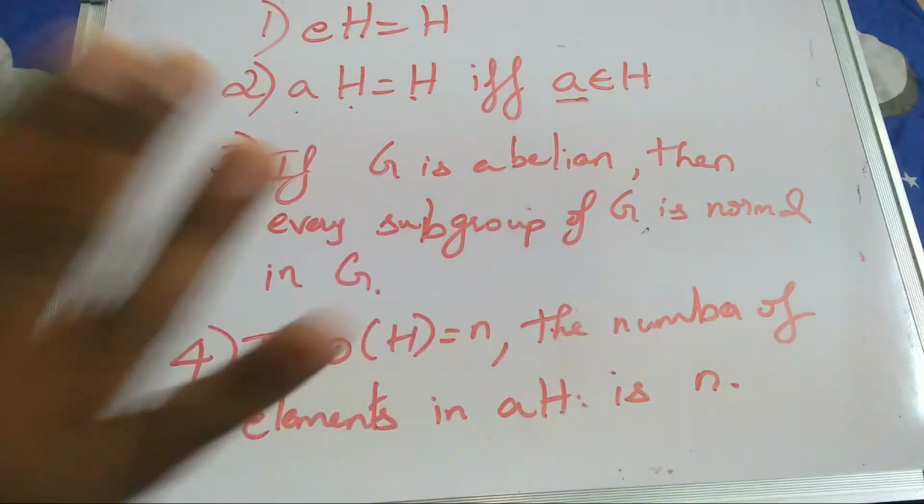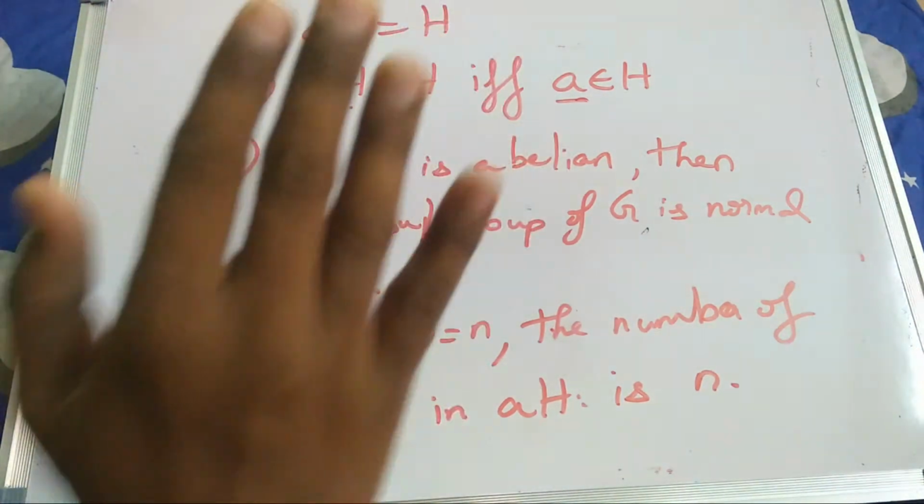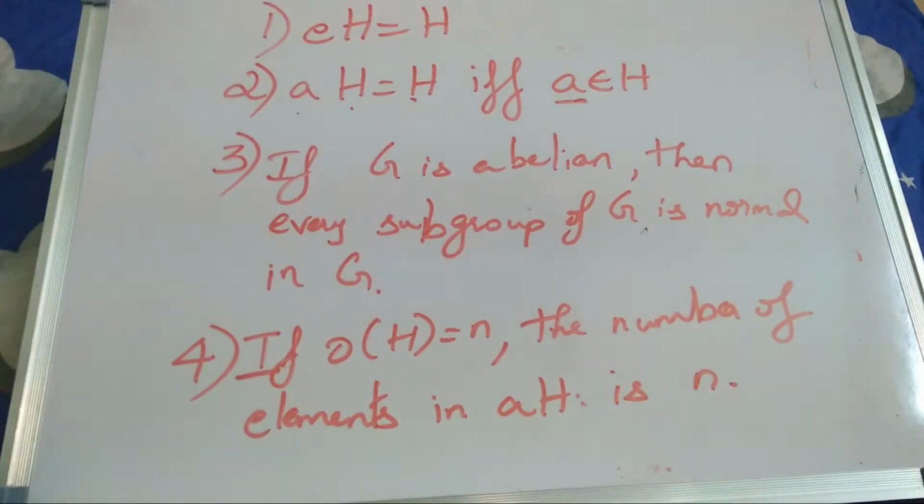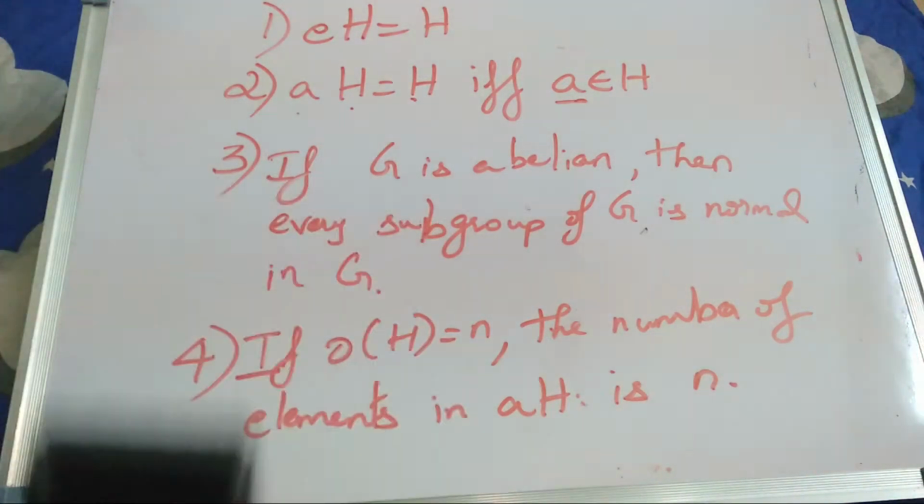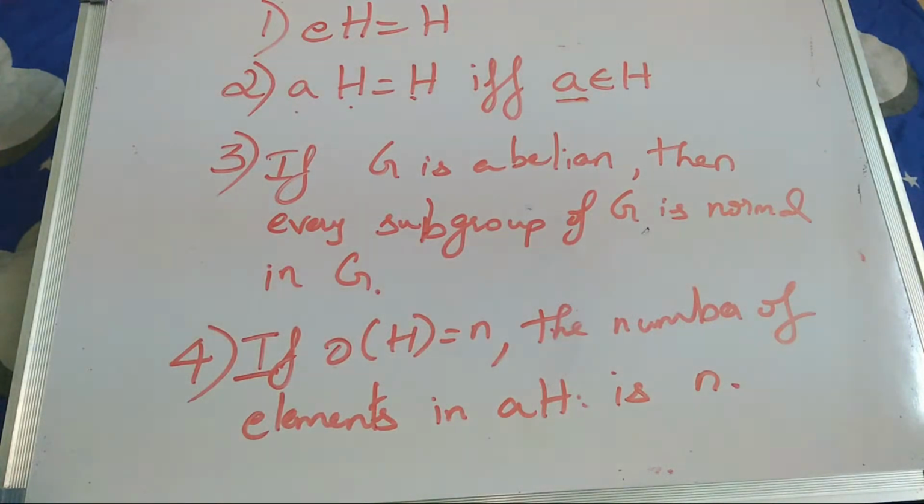When we come to that stage, I will clearly let you know. Okay. As I said earlier, there are a few equivalent definitions for normal subgroups. After seeing that, we will proceed to something which is our ultimate goal in normal subgroups. Okay.